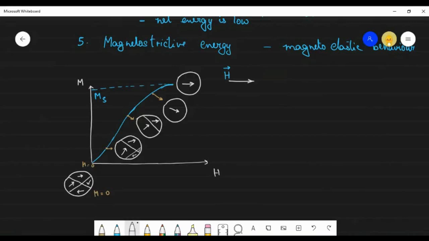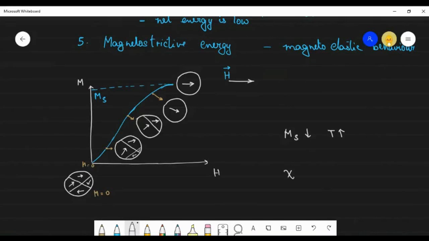The saturation magnetization is temperature dependent. As temperature increases, the coupling interaction decreases. Hence, the saturation magnetization MS decreases with increase in temperature.